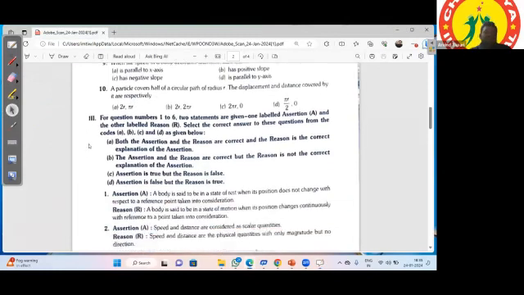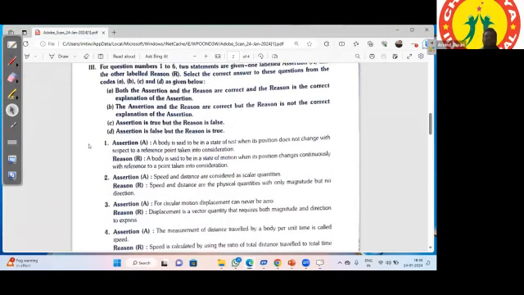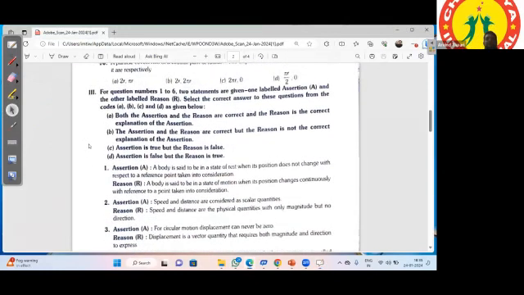You're losing points. Now see for the assertion reason questions. For question numbers 1 to 6, two statements are given, one labeled as assertion and the other labeled as reason. Select the correct answer to these questions from the codes A, B, C, and D. You will tick A if both the assertion and reason are correct, and also the reason is the correct explanation of the assertion.